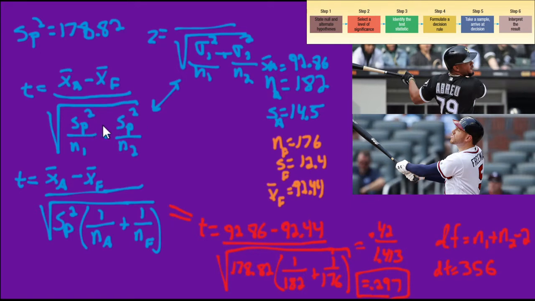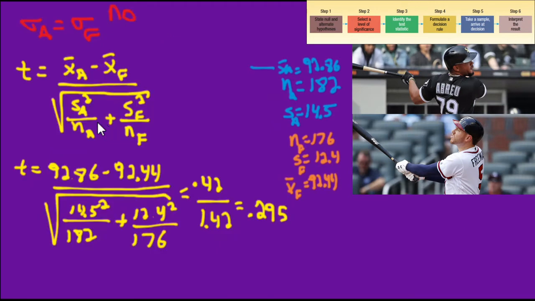Now in our unpooled version that we've just done, I'm going to flip back to what we've just been working on. We didn't pool it, and so instead of using the 13.37, we used 14.5 on one and 12.4 on the other. And so nothing drastically is changing, but the numbers are changing a little bit, and that leads us to a slightly different result.